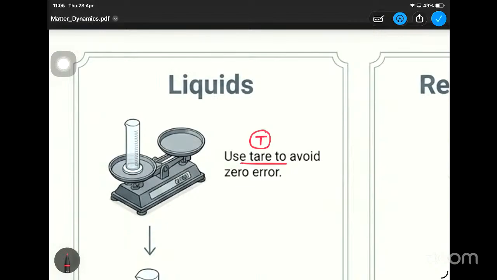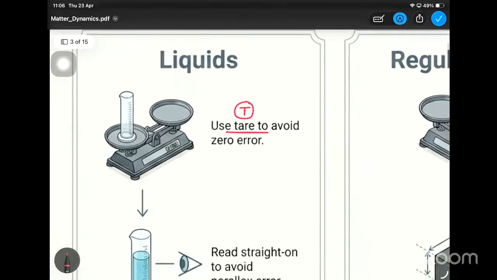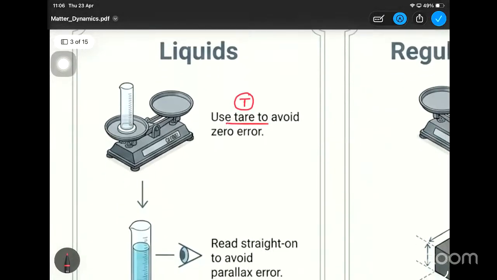When you press this button, the reading at that specific moment becomes zero. Here we have placed the measuring cylinder on the pan, and it is giving a value. After we tap the tare button, the reading will become zero, which means the mass of the measuring cylinder is now neglected, omitted.